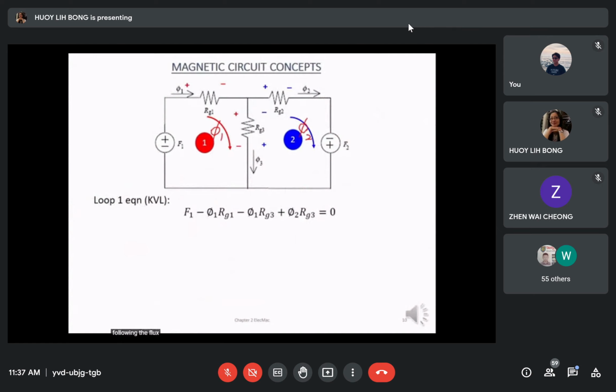Following the flux clockwise direction, the flux is flowing out from the source, positive F1, minus flux 1 times air gap reluctance 1, minus flux 1 times air gap reluctance 3, while flux 2 is flowing out of the positive end of air gap 3.